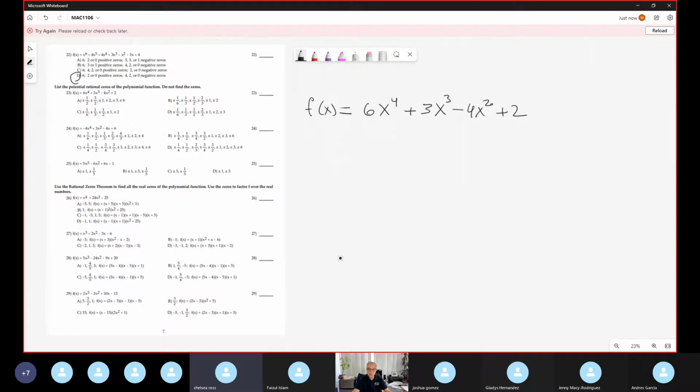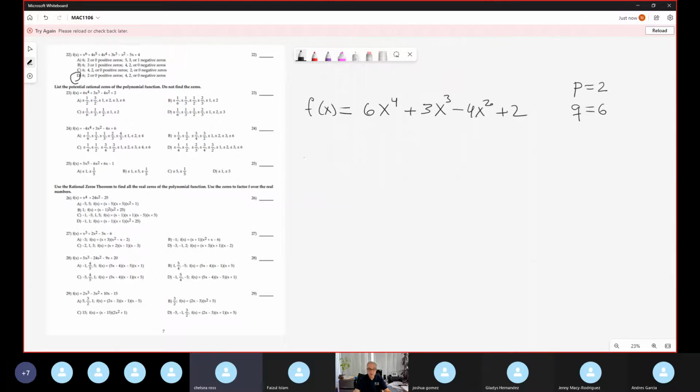Entonces, in this case, you determine P over Q. P is 2. P is the constant part, so the part que does not contain x, because degree is 0. You suppose que es x to the 0, no? Pero it's invisible because it's 1. And Q is 6, que es the leading coefficient, the coefficient in front of the highest degree of the polynomial.